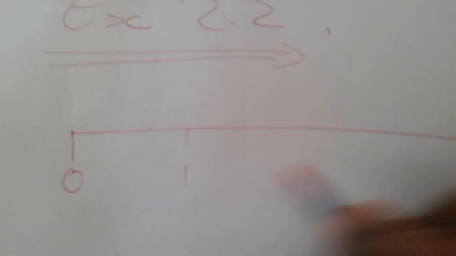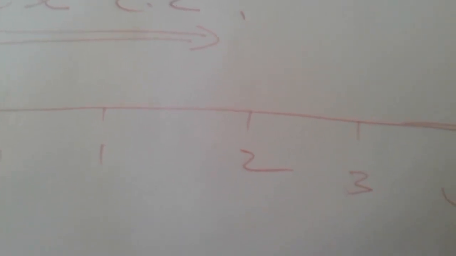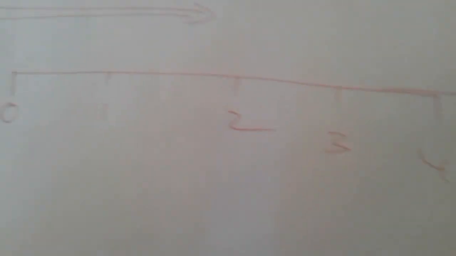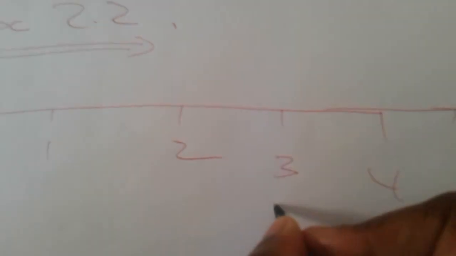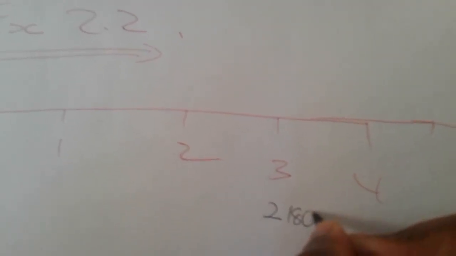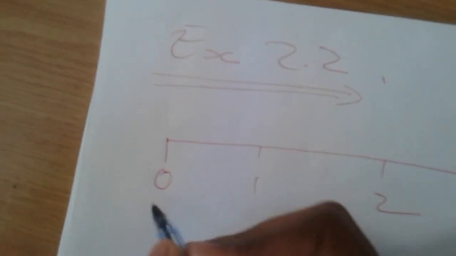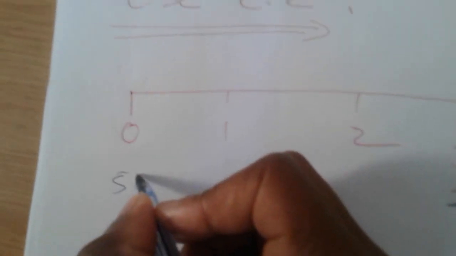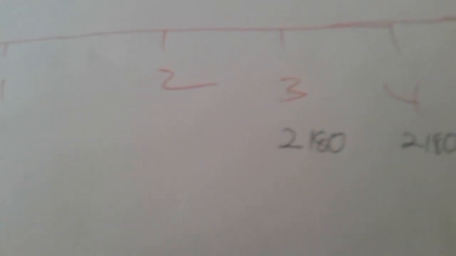That is 0, 1, 2, 3, 4, and 5. Now in this one, the first payment is at 3, which is 2,180, 2,180, 2,180. There you go. Again, the investment is still 5,100, and it's a negative, because remember, whenever you are investing, money is going out of your pocket.